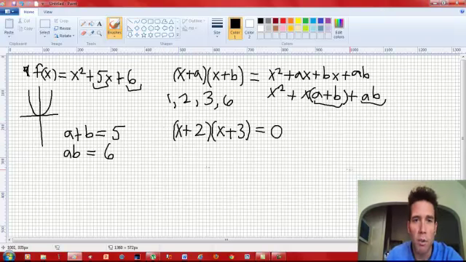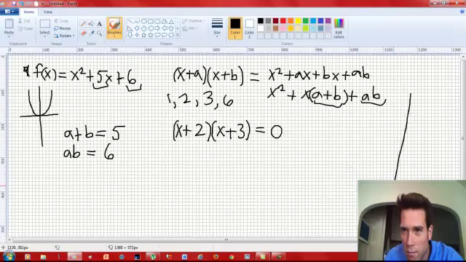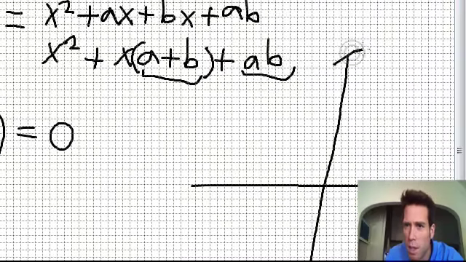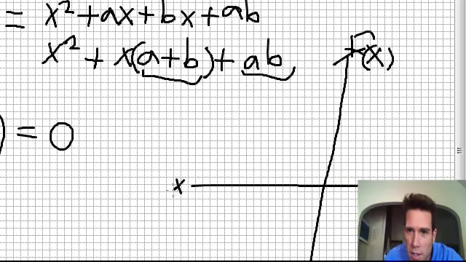Now let's say when graphing this thing, we'll put a graph over here. So this is f of x right here, and this is our x-axis. Now, for every input of x, we get an output of f of x.